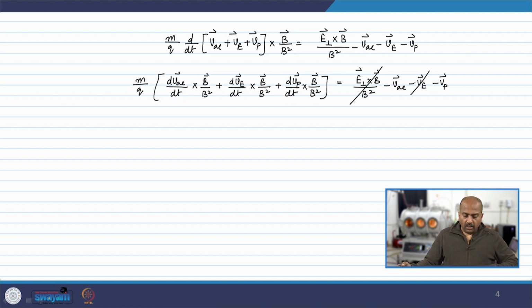Now when the electric field is changing with respect to time, of course we have an additional term which is called the polarization drift, just because of the variation of electric field with respect to time.